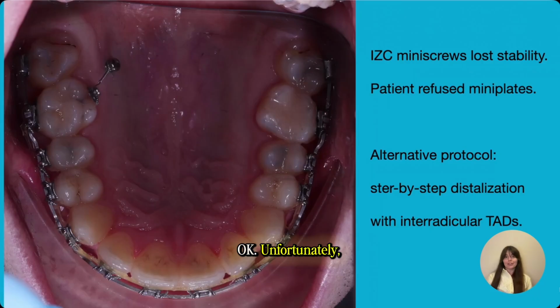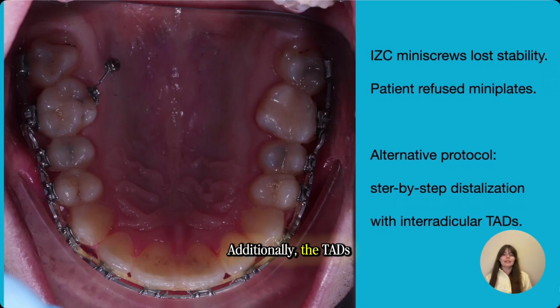Unfortunately, the ICC miniscrews lost their stability. The patient was offered mini plates but refused. Therefore, we decided to perform step-by-step distalization using interradicular miniscrews. This naturally increased the treatment time.